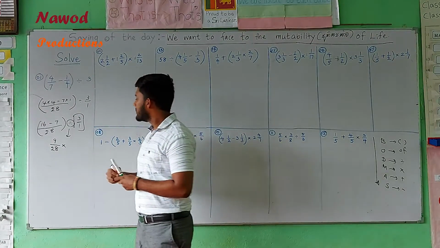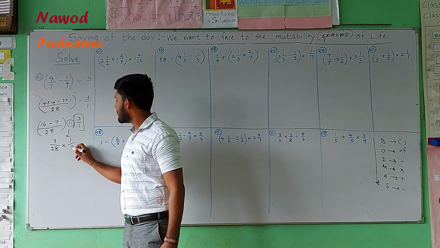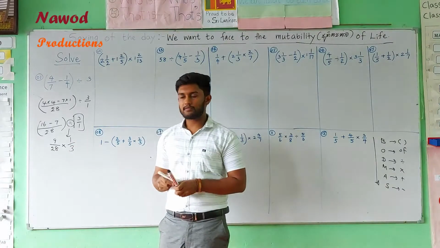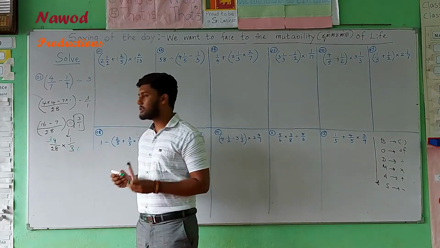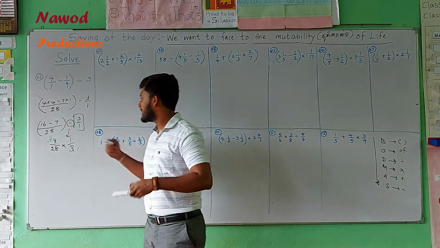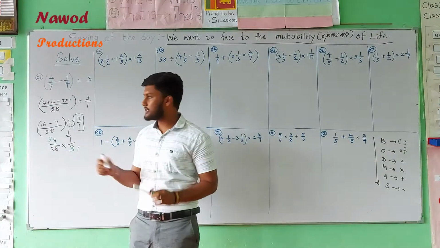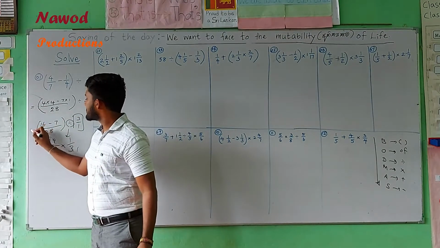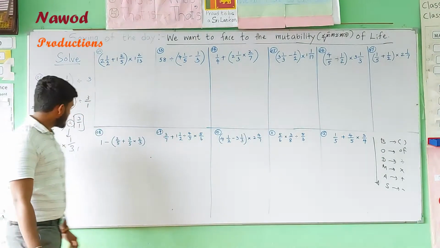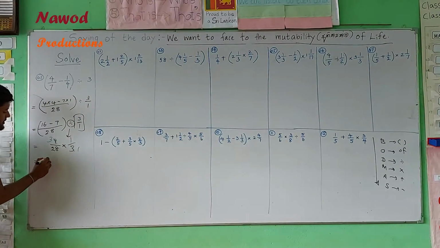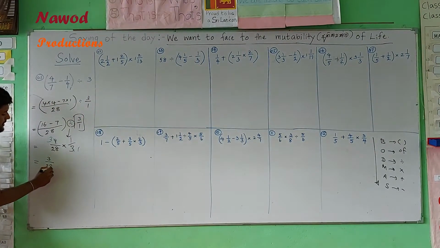Then here you can obtain 1 over 3. Dear students, we can cut 3 into 3, 3 into 1. Then put the equal mark, and you can solve and get the answer 3 over 28.